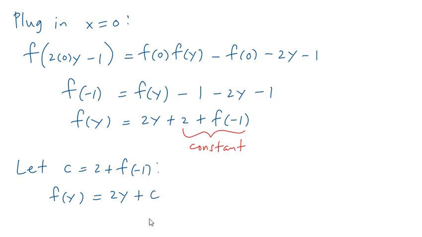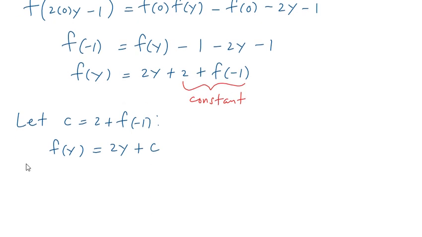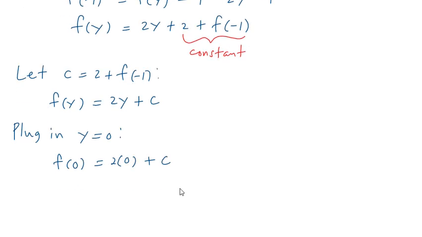Now let's find the value of c using the condition that f of 0 is equal to 1. So let's plug in y equals 0. So we have f of 0 equals 2 times 0 plus c. Take note, f of 0 is 1, so we have 1 is equal to 0 plus c.